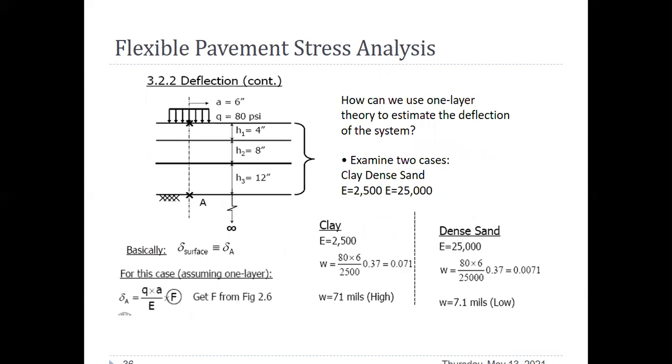Now, if you are given a multi-layer system and we want to know the deflection at point A using this one layer theory, we can do it like this. Though there are methods available for calculating the flexible stresses in a multi-layer system, let's assume that we are not using them, and for us this Z is 12 plus 8 plus 4, that is 24 meters.